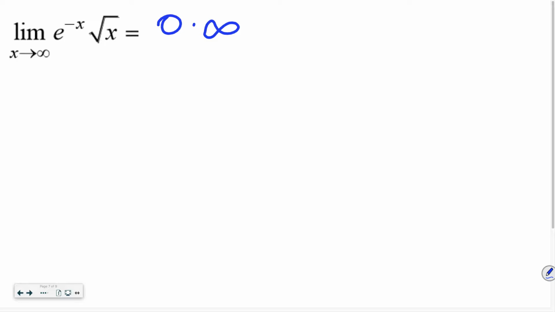Okay. 0 times infinity is the other indeterminate form you will find in your homework tonight. However, this is not a fraction, so we can't apply L'Hopital's rule, but it is indeterminate. So let's rewrite it so that we could maybe use L'Hopital's rule. How could I take this, e to the negative x radical x, and write it as a fraction?